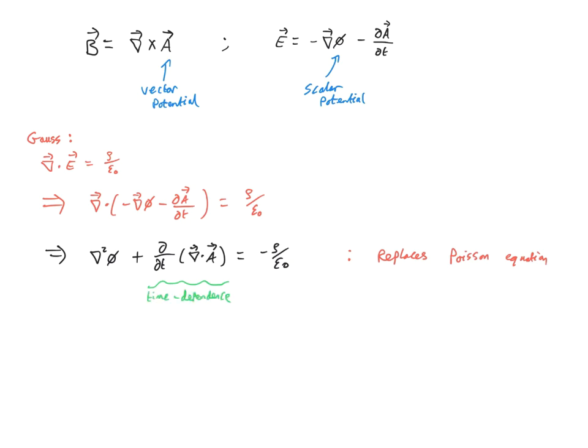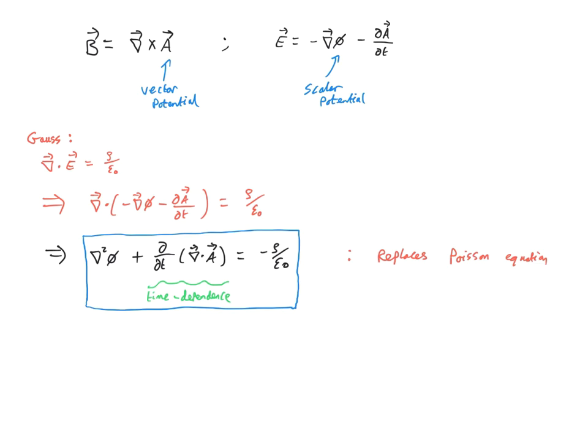And it is this term, of course, that accounts for the time dependence. So this is one of the new equations that we get in the dynamical world when we cast everything in terms of our newly found dynamical potentials. This is replacing the Poisson equation.